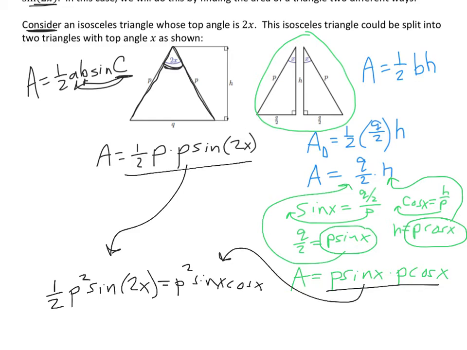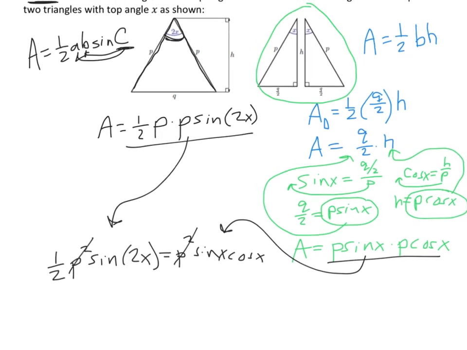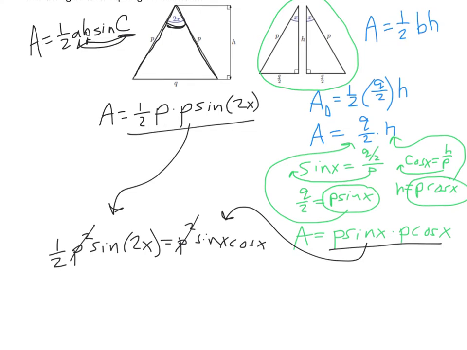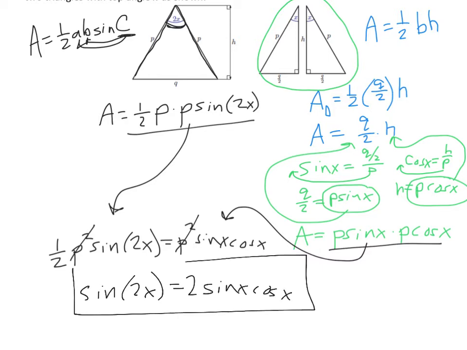That's from here. I can divide both sides by p squared, and if I multiplied that 1/2 over, I would get that the sine of 2x is equal to 2 sine x cosine x. This is the double angle identity for sine.